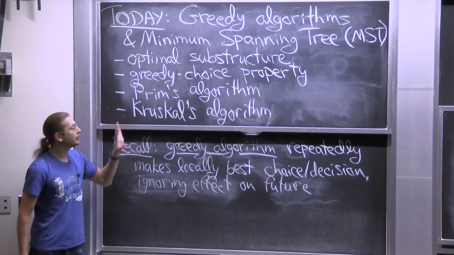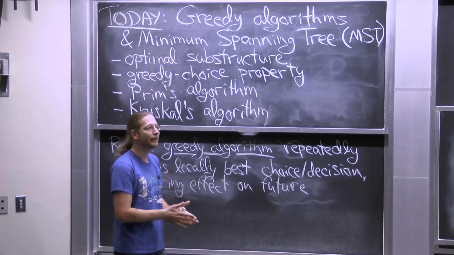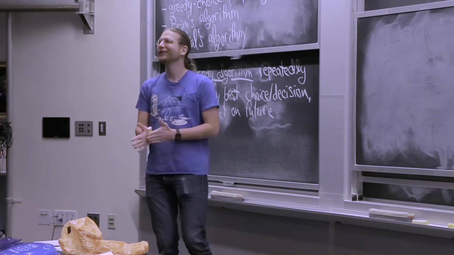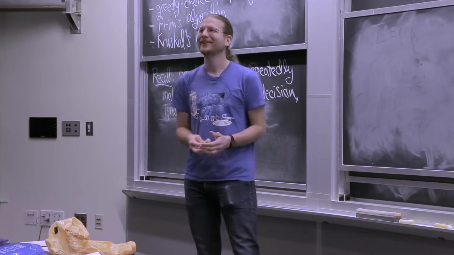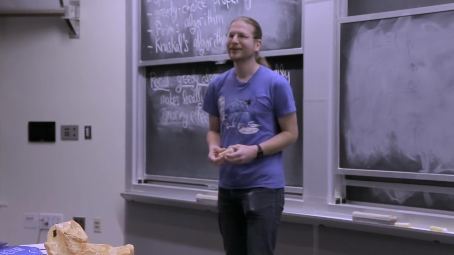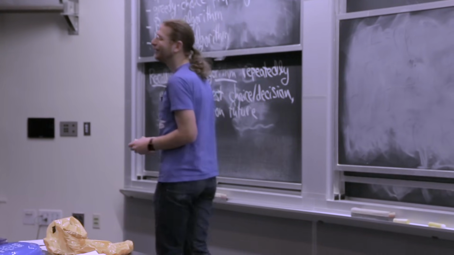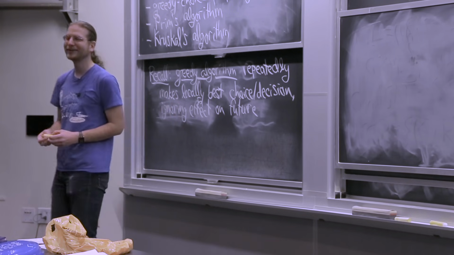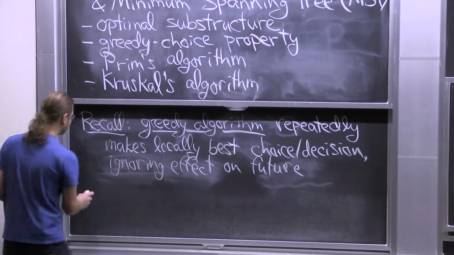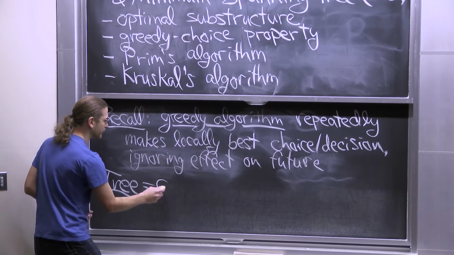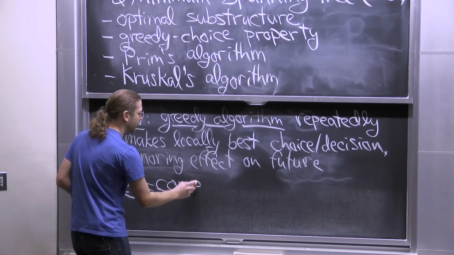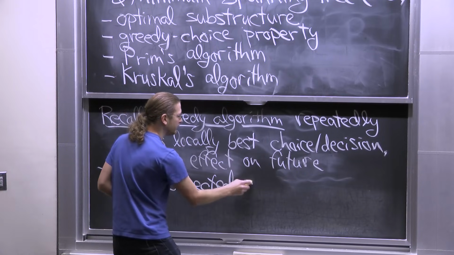So what's the problem? Minimum spanning tree. Can anyone tell me what a tree is formally? Not the outside thing, but in graphland. Acyclic graph, close. Connected acyclic graph, good. That's important. This is 6042 stuff.